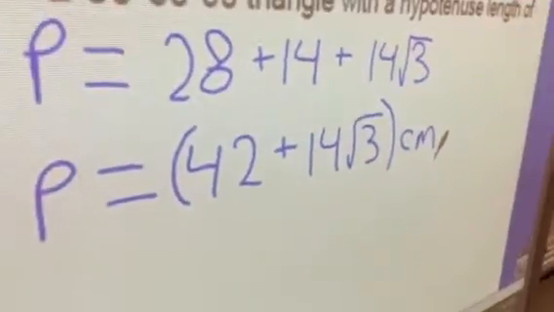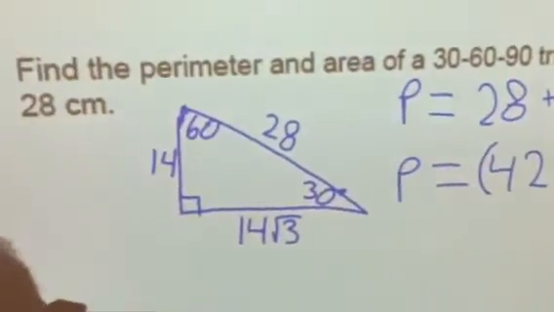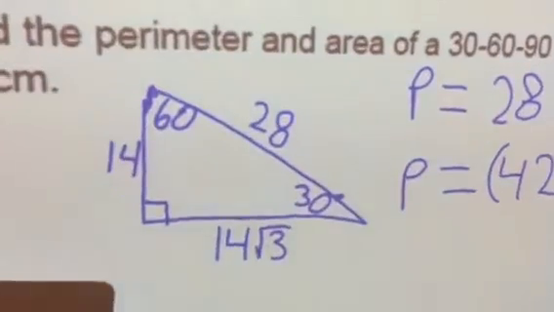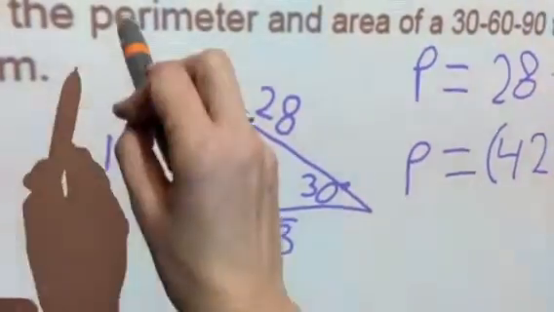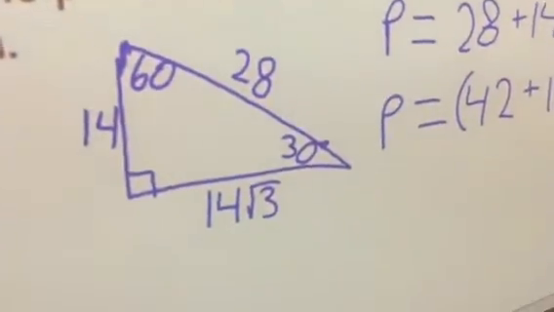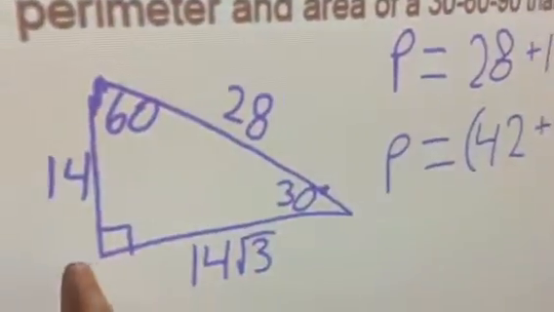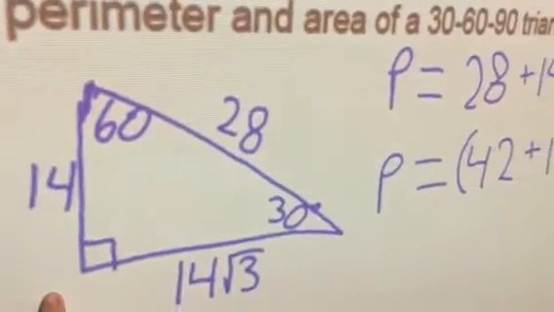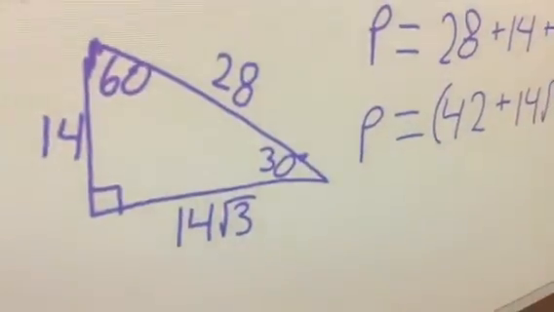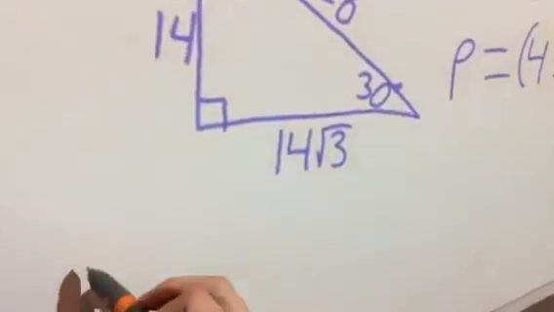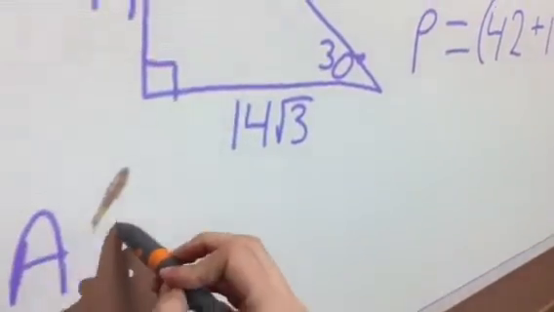All right, so there's my perimeter, and then if I want to find area, the area of a triangle is just base times height divided by 2. So in a triangle, for your base and height, always pick the two legs, never the hypotenuse, okay? So we got a base right here times our height, and then we will divide by 2. So let's just put A for area.